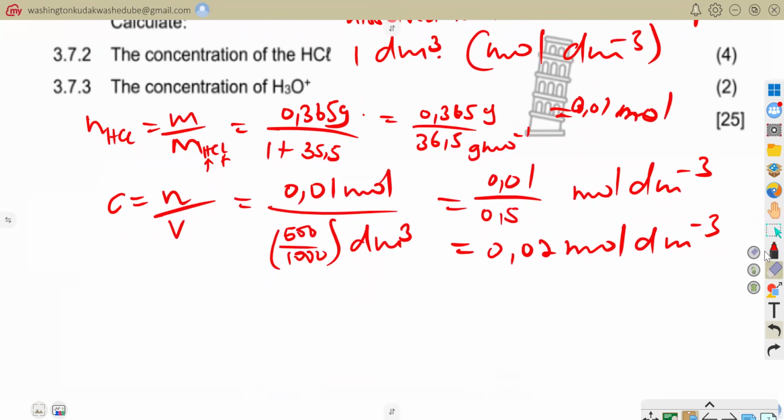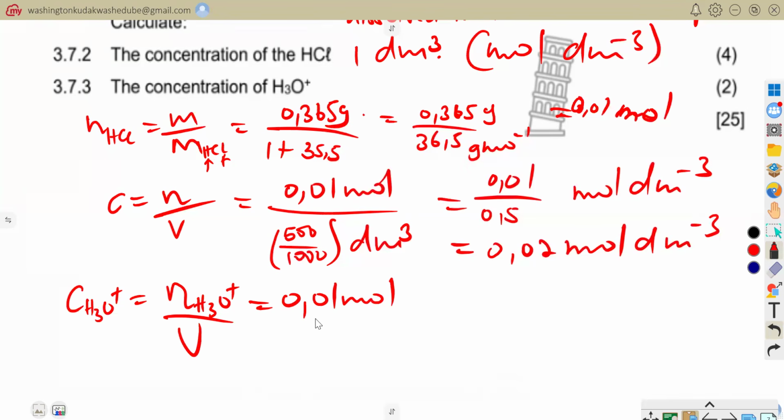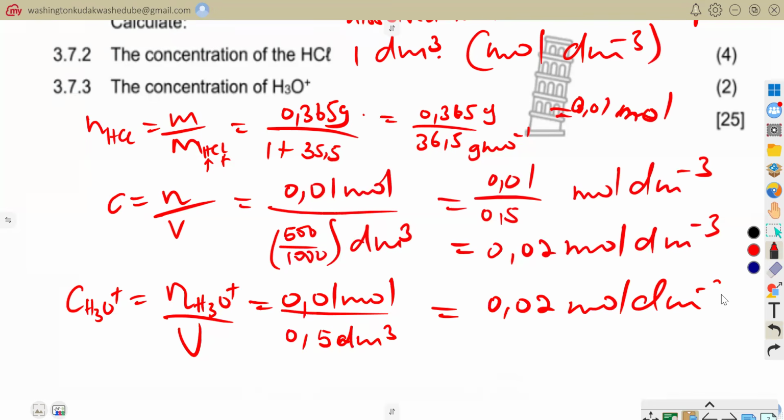So the concentration of H3O plus is the moles of H3O plus divided by the volume: 0.01 moles divided by 0.5 decimeter cubed, which gives the same concentration, 0.02 moles per decimeter cubed.